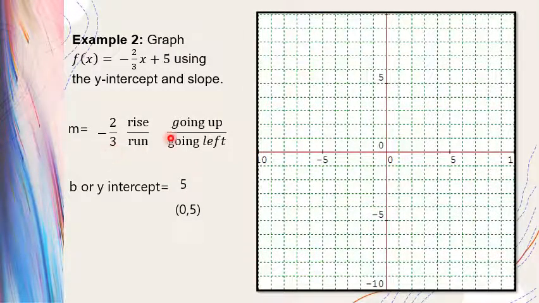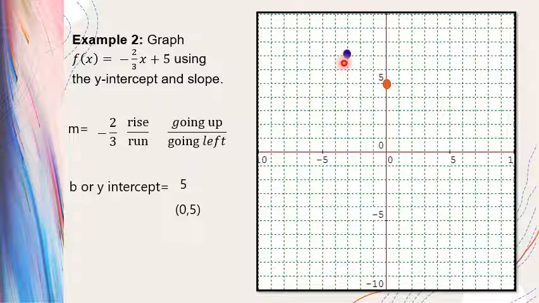Then let's graph. We're going to graph first the 0 and 5. 1, 2, 3, 4, 5. So the point is there, and then we're going to graph the 2 and 3. Since you have the 2 going up, positive, 1, 2, and then the run is going left, so that's negative 1, 2, and 3.